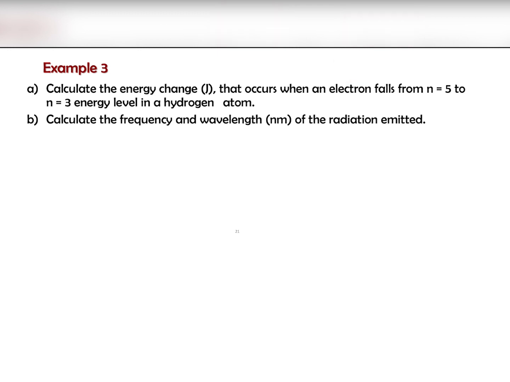The question said that the transition happen from n equals to 5 to n equals to 3. And then the second question, you need to calculate the frequency and wavelength. Okay, so for this question, since dia minta delta E, kita guna formula delta E dulu. And then from the delta E punya value, kita boleh cari frequency and also wavelength.